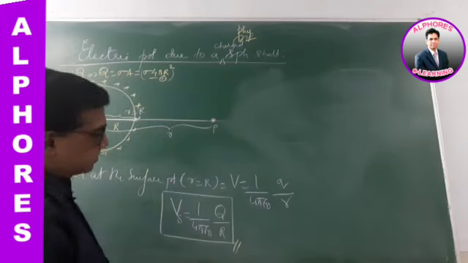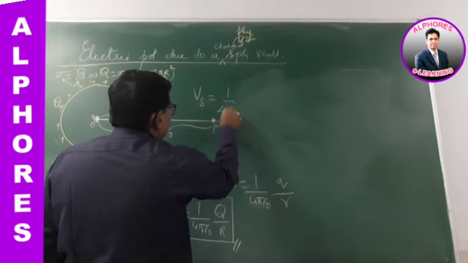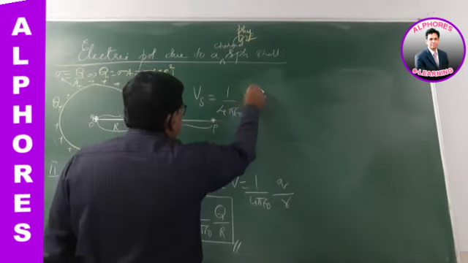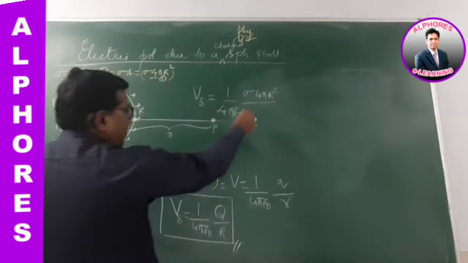If it is asked in terms of surface charge density, then the potential on the surface is 1 by 4 pi epsilon naught, and I can write this charge as sigma 4 pi r square, by capital R.